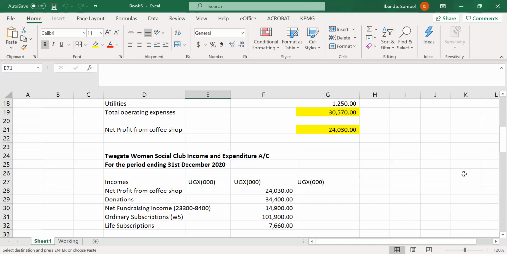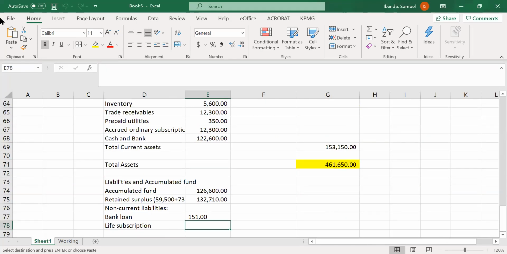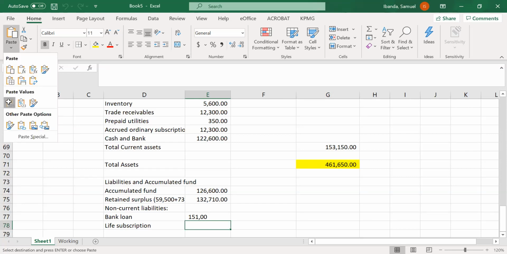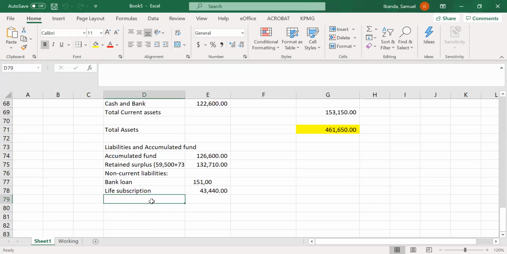So that is your liability that you're supposed to recognize here, which is 43,440. After that, you ask yourself, is there any other non-current liabilities that you're aware of? If there's none, you proceed and get your total non-current liabilities.